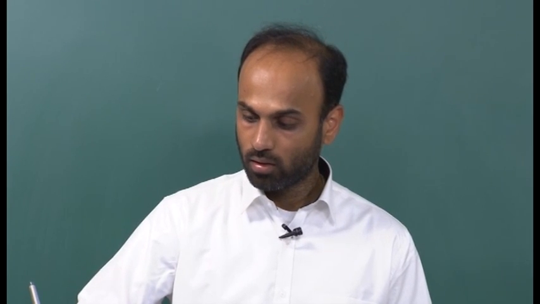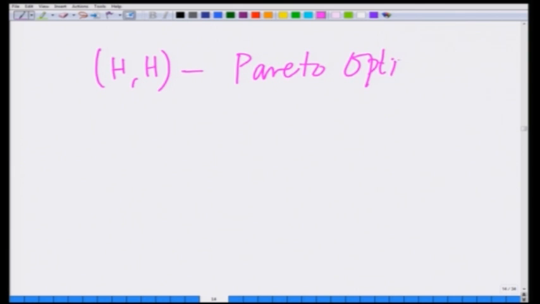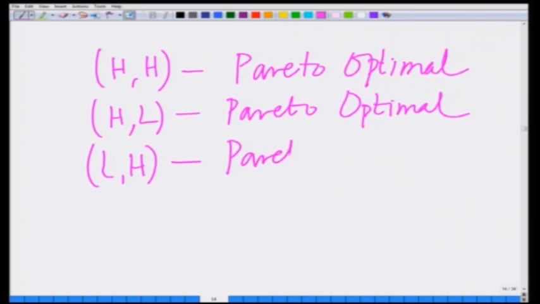Therefore, in order to summarize this, if we look at H comma H, H comma H is Pareto optimal, H comma L is also Pareto optimal, L comma H is also Pareto optimal.